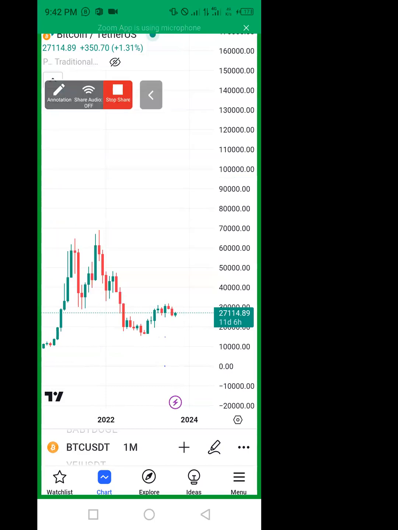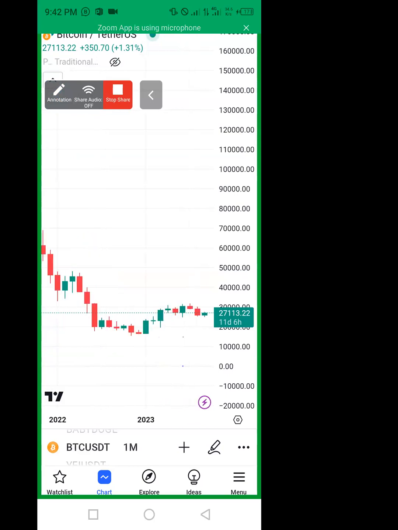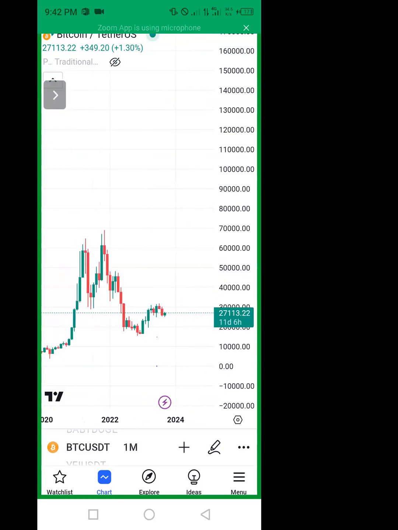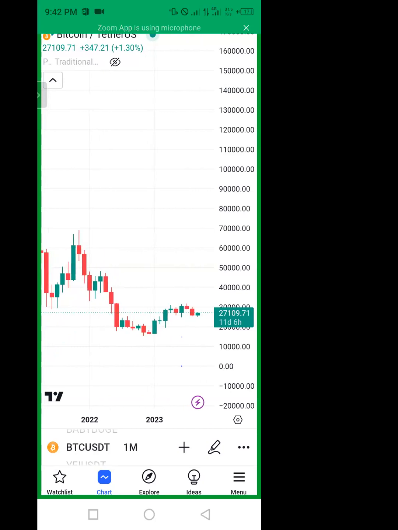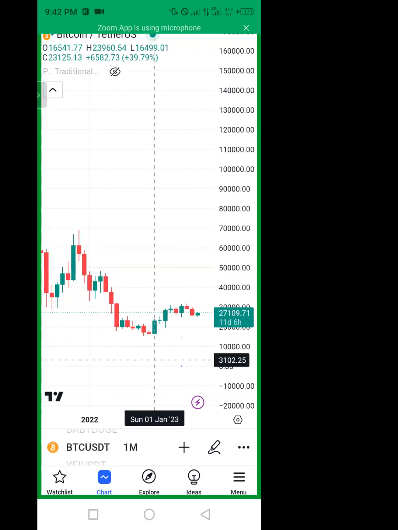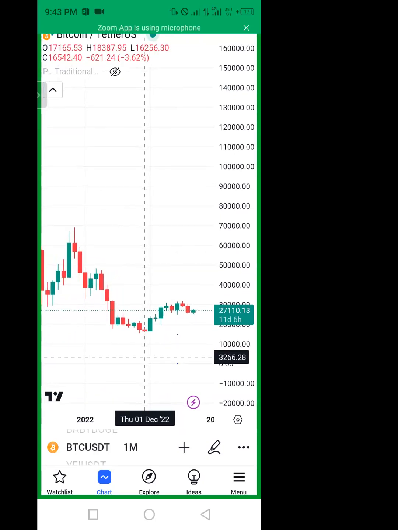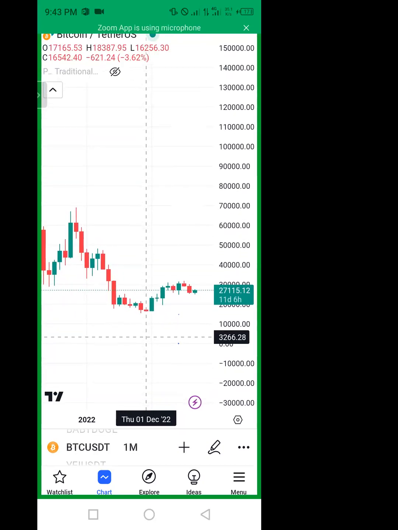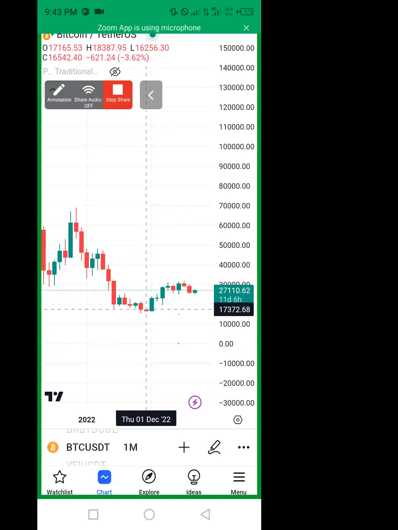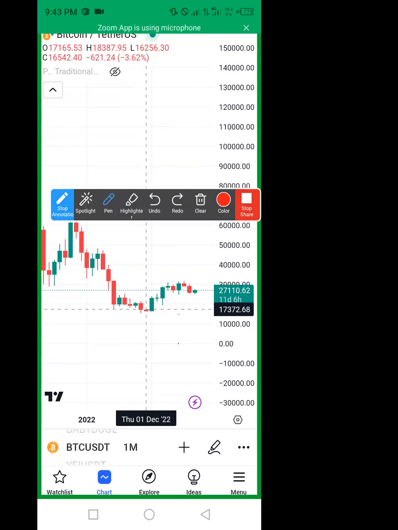Now, these are months. We need to know this is a monthly chart. So which month was this one? January. Let us look at December. If you want to know the high where it was, let's look at this one.